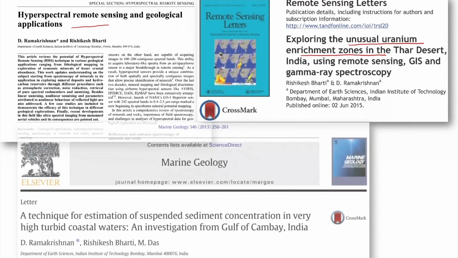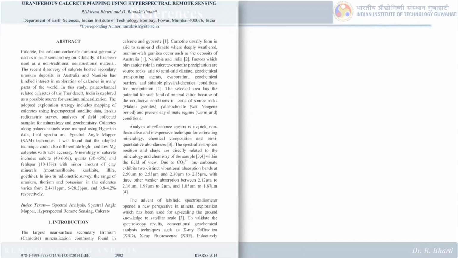This paper says hyperspectral remote sensing and geological application. Here this paper is for uranium enriched zone mapping. Then we have a marine geology paper that says the suspended sediment concentration can be identified using this hyperspectral remote sensing.